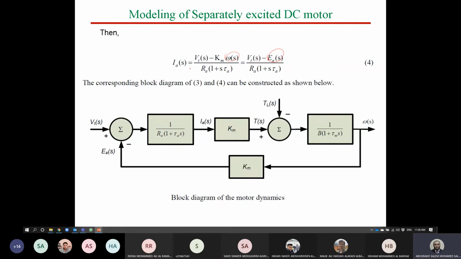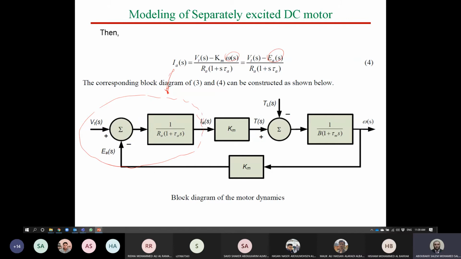To get the current, you should multiply by a block of 1 over the denominator, which is 1 over R multiplied by 1 plus tau A S. This will give you the value of current. So this part now represents equation number 4, which is the electrical motor.